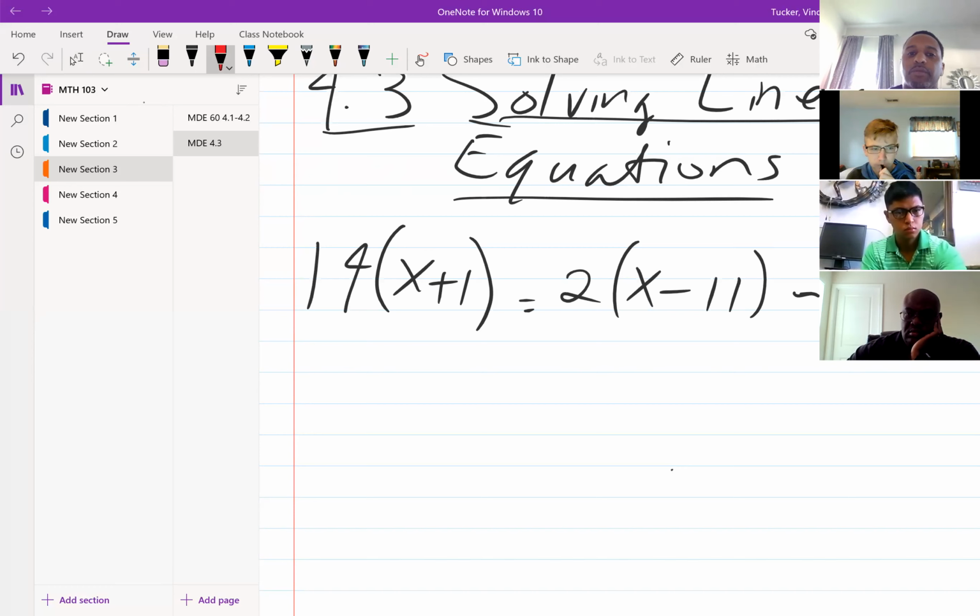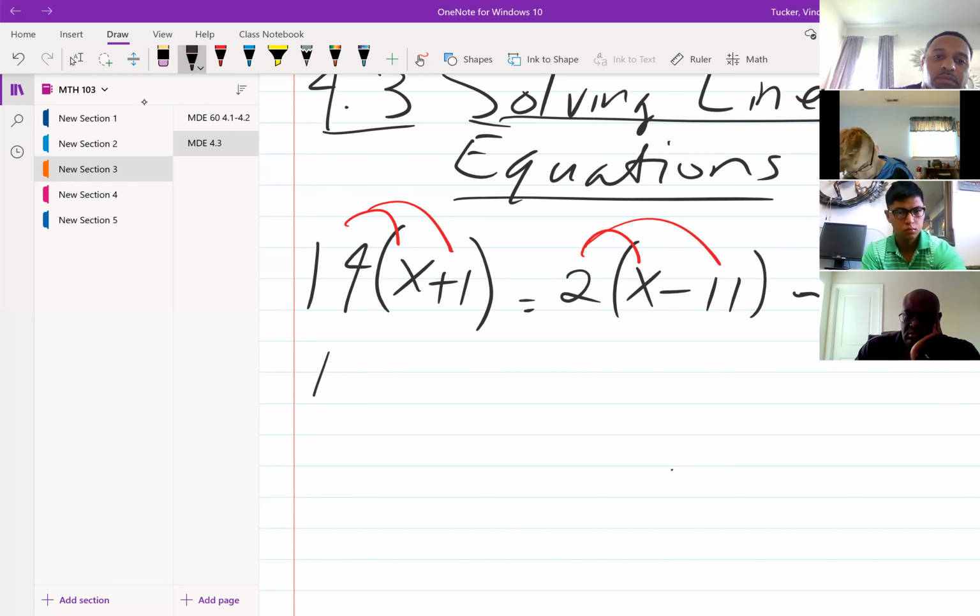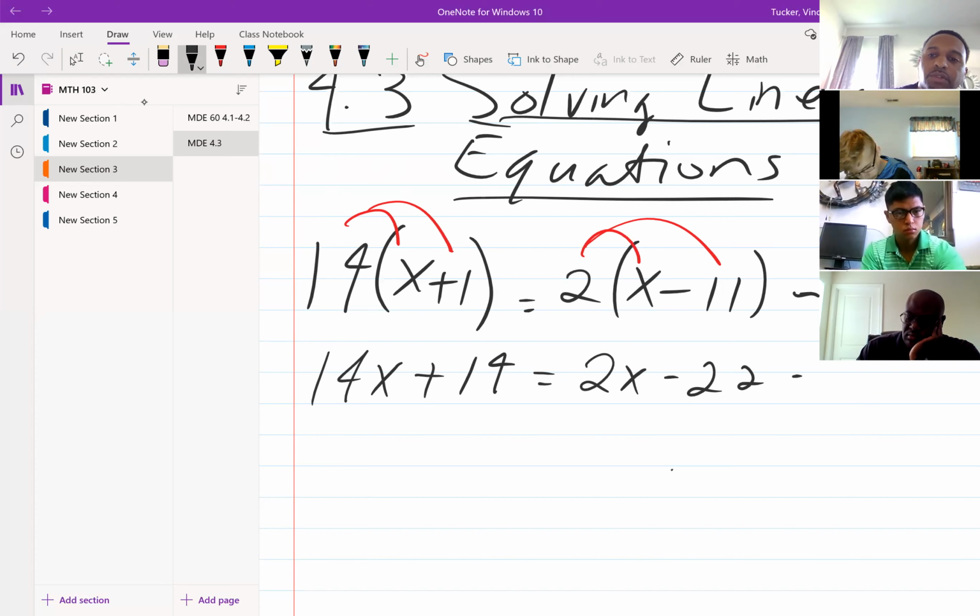All right, so the first move is for us to distribute. So it'll be 14x plus 14, 2x minus 22 minus 60.